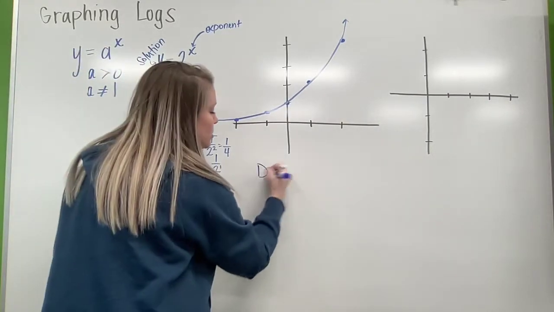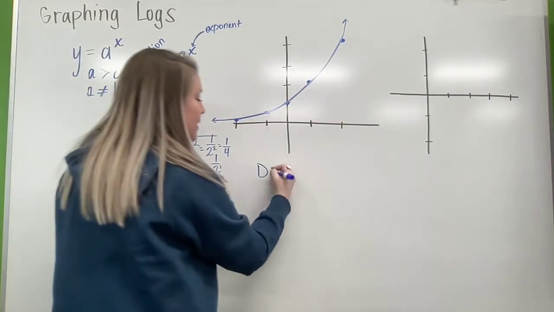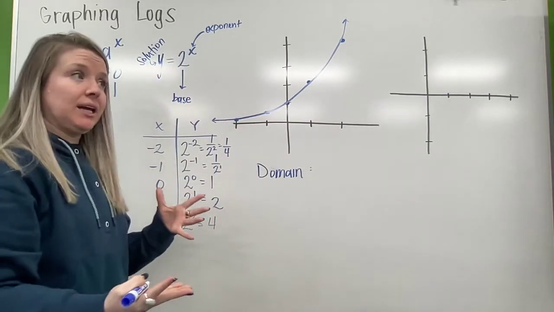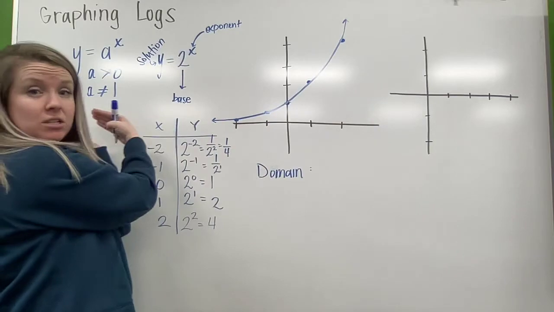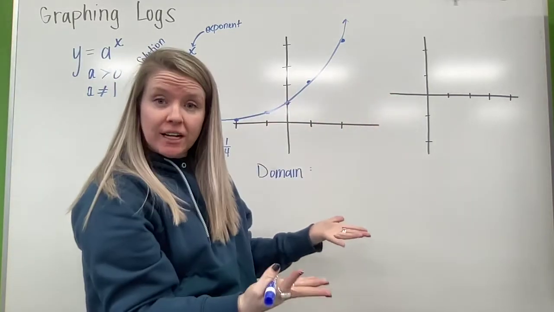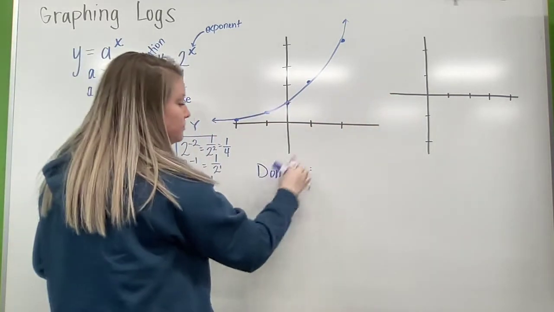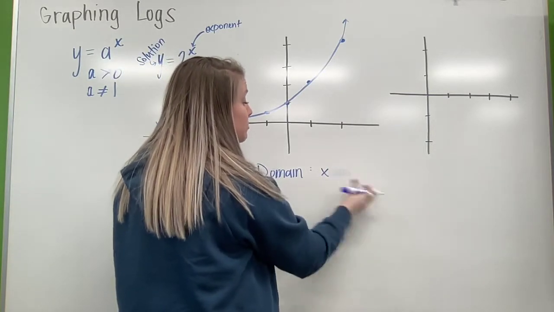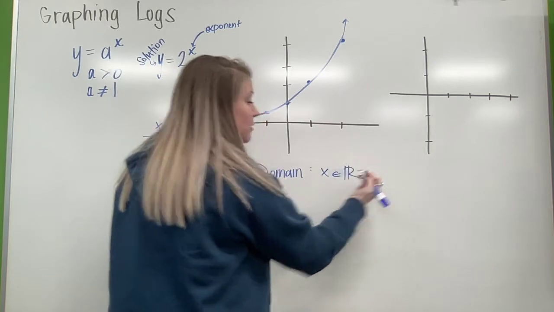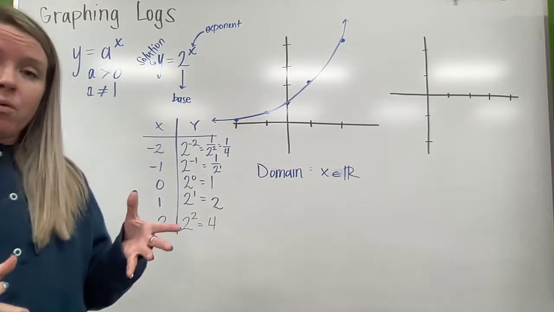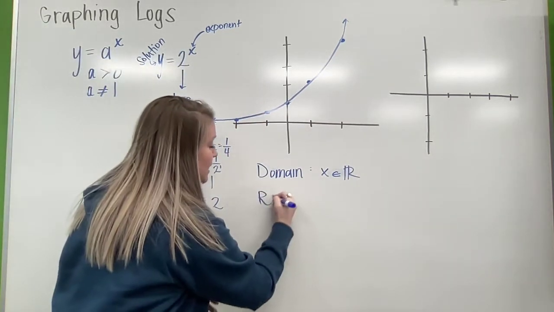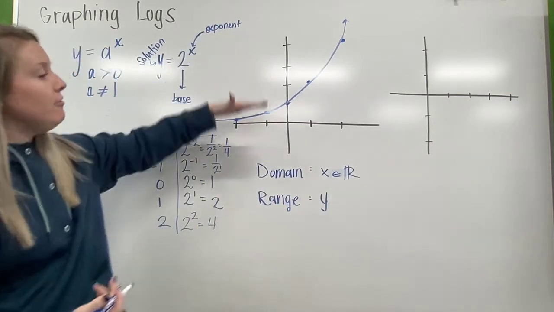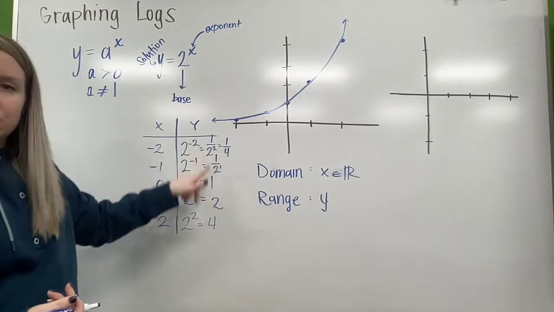We know the domain. What x values can I plug in? This graph continues to the left and to the right for infinity. So my domain is x is all real numbers. I can plug in whatever I want. Then my range is my y values. If we look at our graph, remember how I kept emphasizing these were positive?